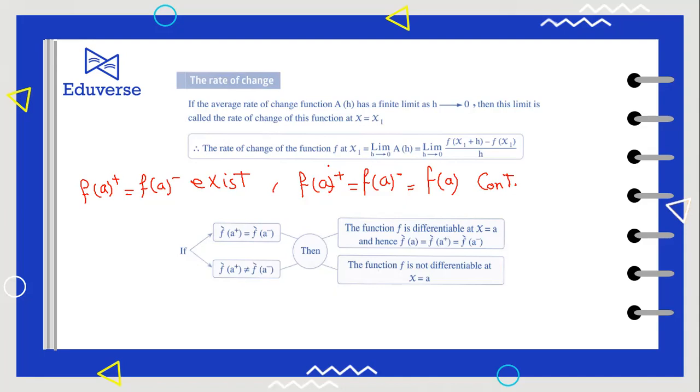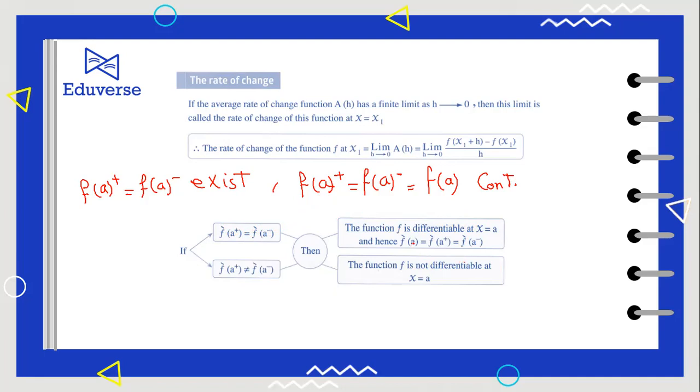But it can't be differentiable if the function is not continuous. Continuity is the first step of differentiability, we can't go to differentiability if the function is not continuous. Okay. So f dash, the derivative of a function at a positive, equals the derivative of the function at a negative, then the function is differentiable. Okay.